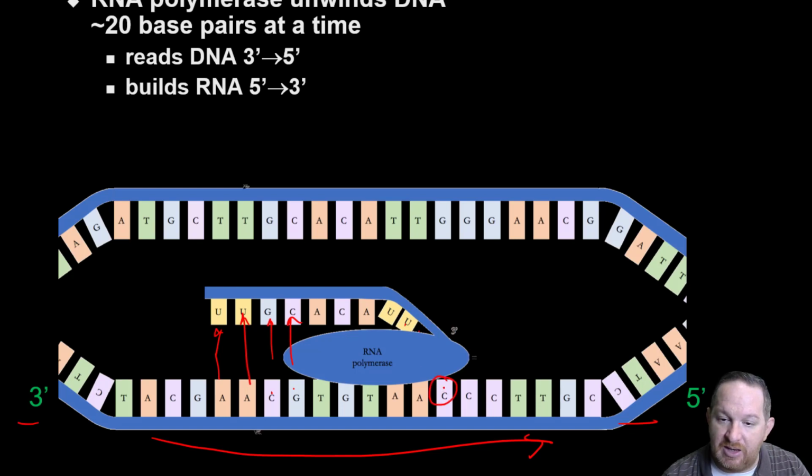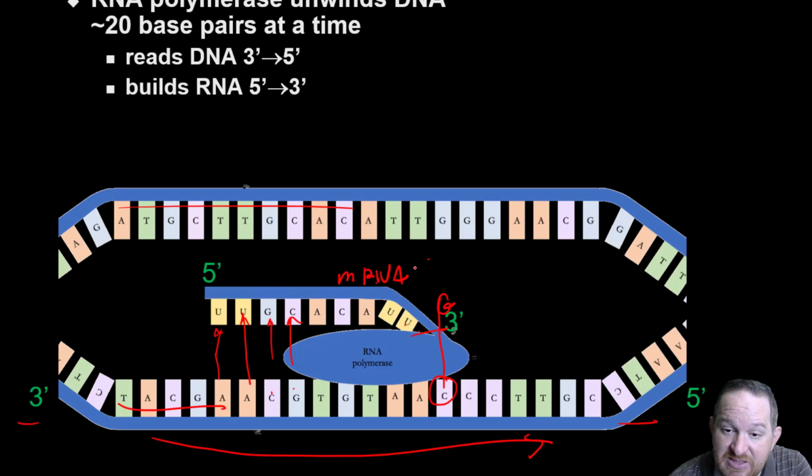So think about what would the next one be here. See, so the next thing in the RNA would be a G. And so this continues and continues. So we've got our DNA here. Here is our new messenger RNA that's being made. Now notice, this messenger RNA here is being manufactured from the 5' to 3' end.